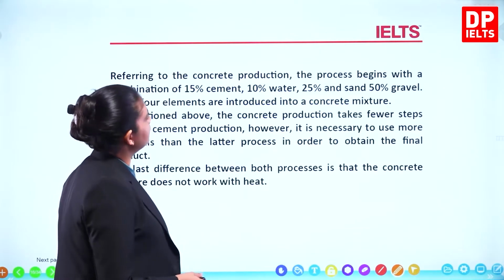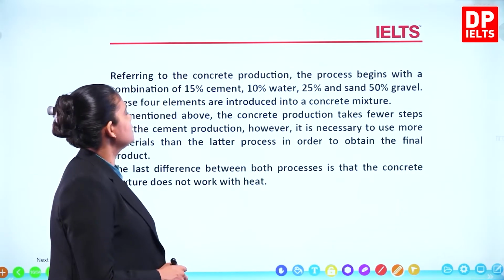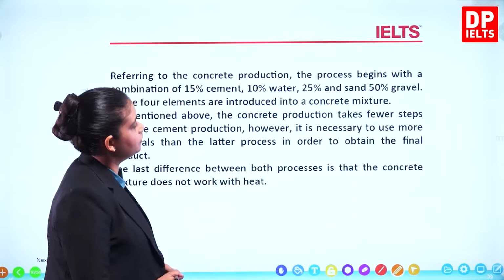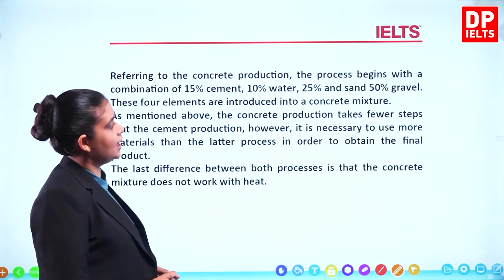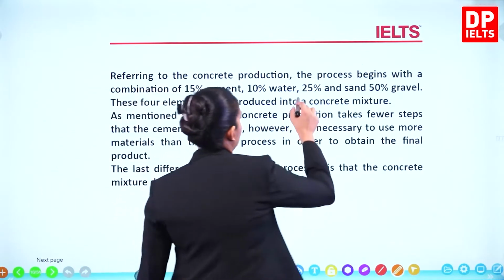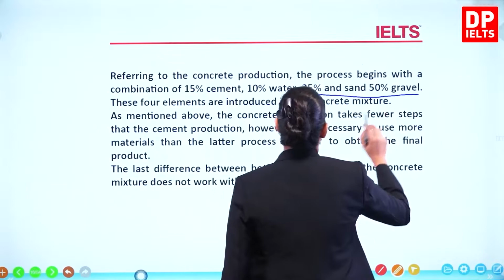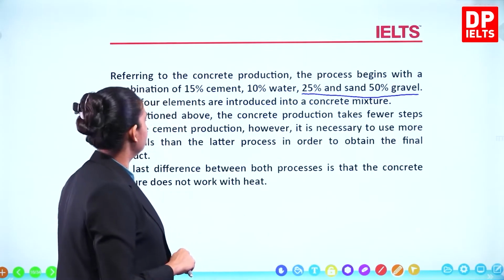Referring to the concrete production, the process begins with a combination of 15% cement, 10% water, 25% and 25% and sand, 50% gravel. So again, grammar, it should be 25% sand and 50% gravel. These four elements are introduced into a concrete mixture.